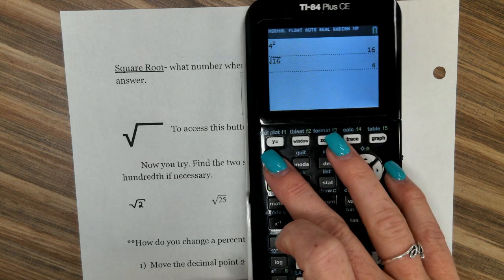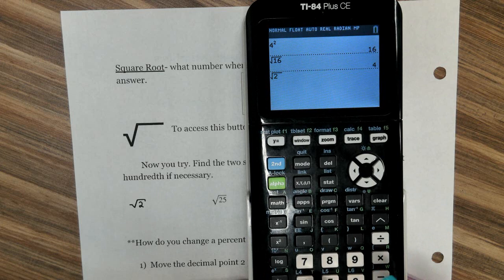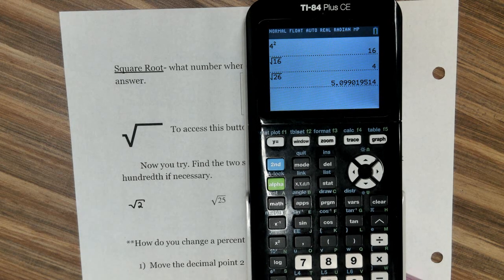The square root, so second square, put in 26. See how it gives you a crazy decimal? So on those, you're going to have to round to the hundredths place. Okay? A lot of them are perfect. They're called perfect squares. That means they're going to give you a perfect whole number, and a lot of them aren't. Okay, so let's go practice putting in some square roots right here.